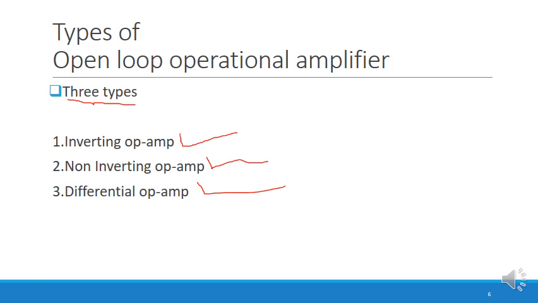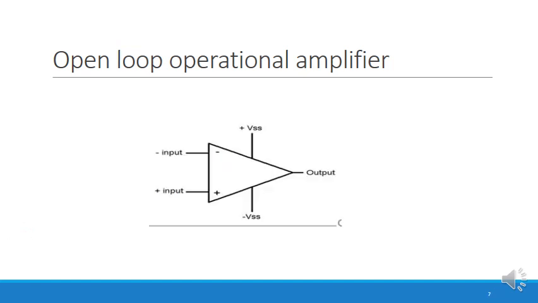Okay, now let us move to the definition of the open loop operational amplifier. What do you mean by open loop operational amplifier? In the last class you studied the symbol for the operational amplifier, correct?